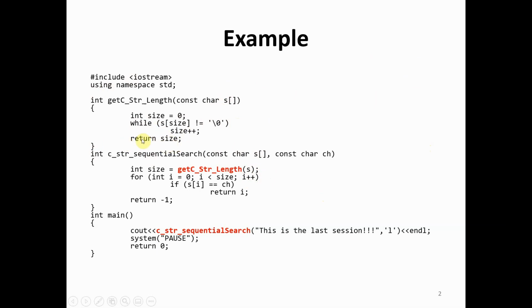Once we return from the function, the part of the memory that was allocated to this function was in the stack, so everything is deallocated automatically. It's static, non-dynamic memory, so it's deallocated automatically, and the size is returned here.